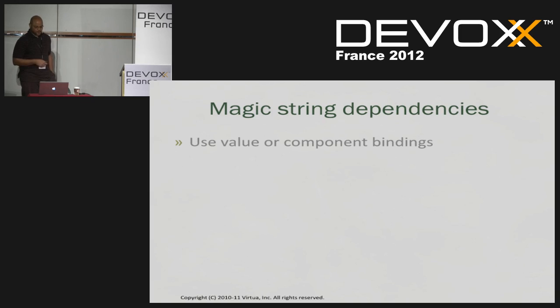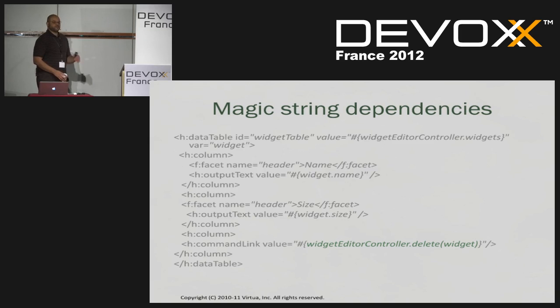All right, so there are situations where you really do need a reference to a component, though. And that's a lot of what the magic string problem is for. One of the things you can do is use value or component bindings. Value binding is pretty much what we're used to, where you bind a component's value to some property.